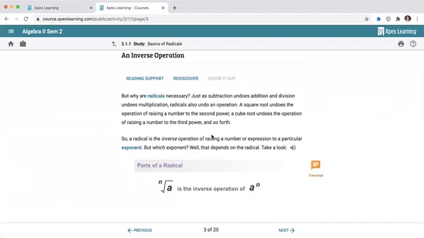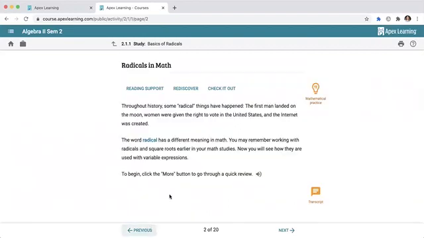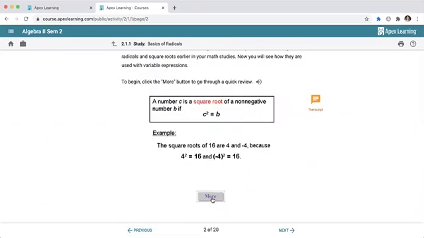So a radical is the inverse operation of an exponent. If we take a look back here, 4 squared, so squaring, that's my exponent here. But if I want to undo 4 squared, that's taking the square root. So that's the inverse operation here. It's taking the opposite and getting back to my original.